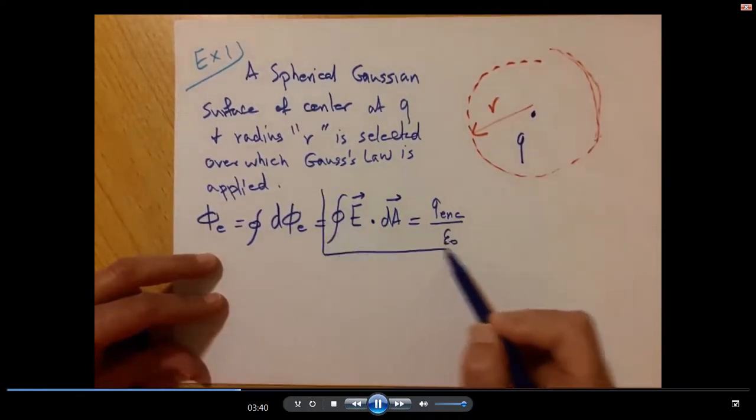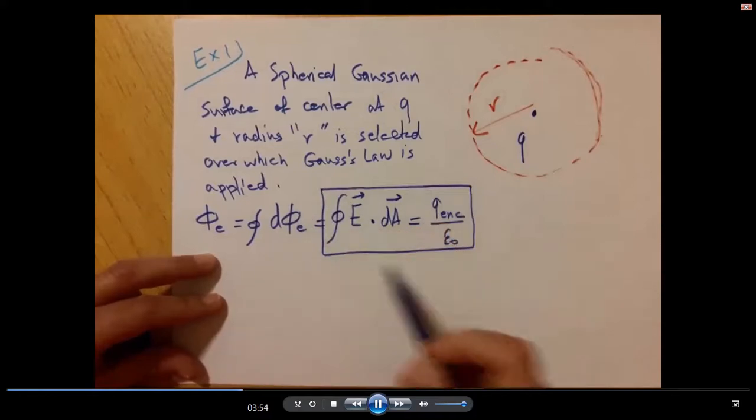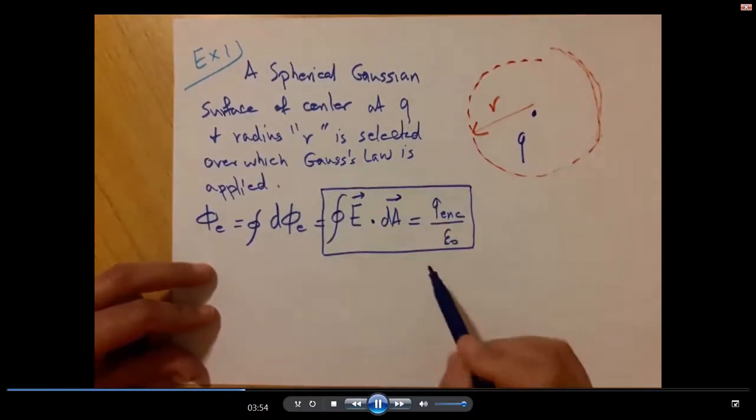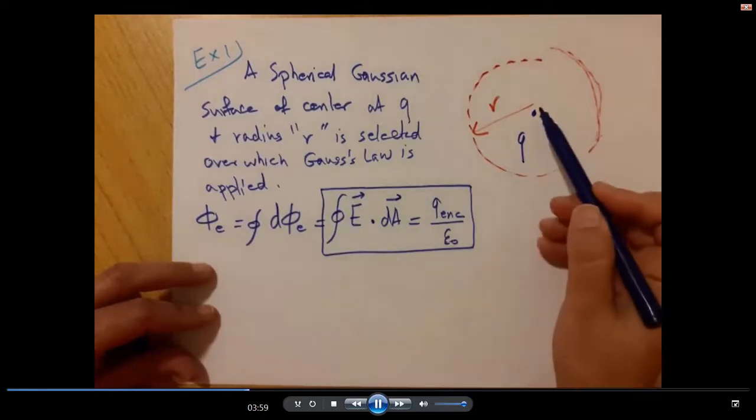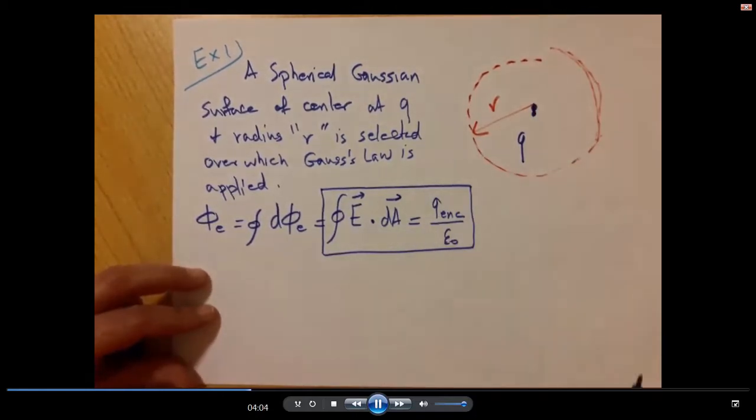This is actually the Gaussian surface statement, and I'm going to use it to find the electric field created by this point charge Q.